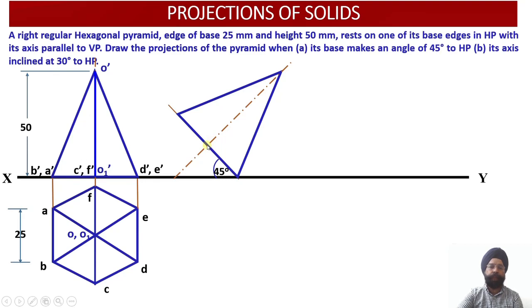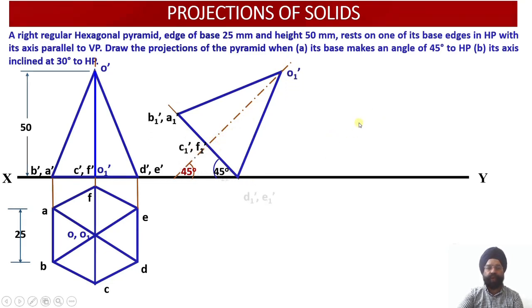From point 2 we are going to draw a perpendicular. This will help us to locate point O1 dash. If the angle of inclination of the base is 45, obviously the axis will also be inclined at an angle of 45. Since this is a right regular hexagonal pyramid, the axis of this pyramid is perpendicular to the base of the pyramid.